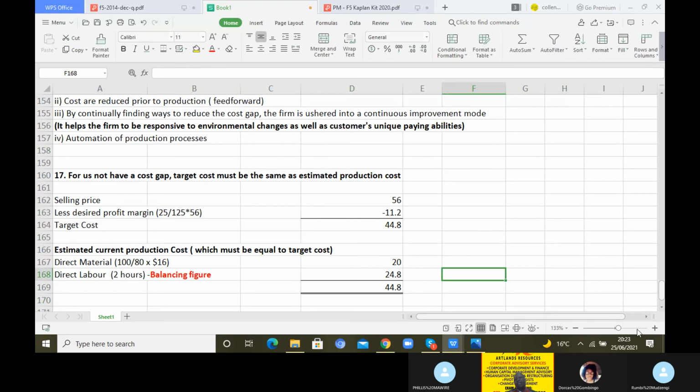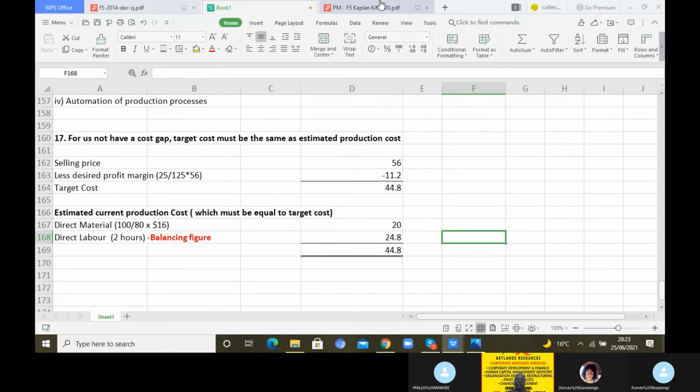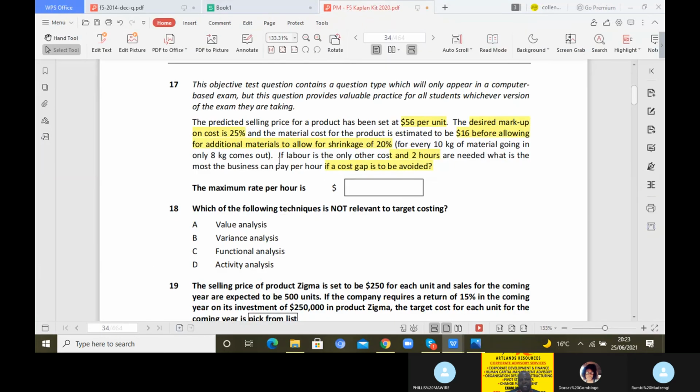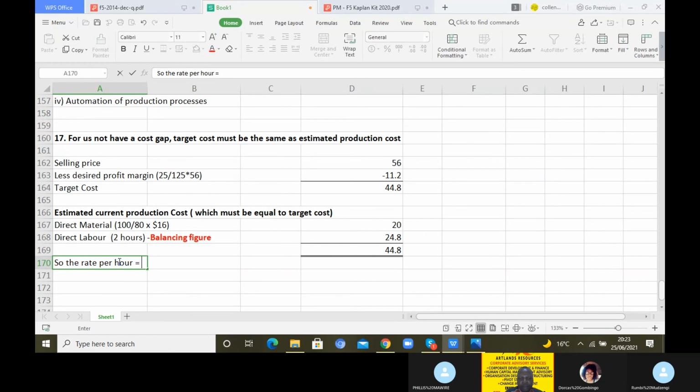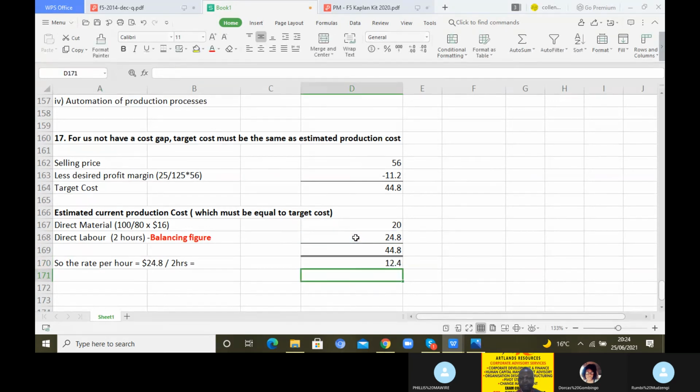Now the question was, what is the labor rate that you have to pay? What is the rate per hour? That was the question. So the rate per hour equals 24.8 divided by 2 hours, so you simply say this over 2.